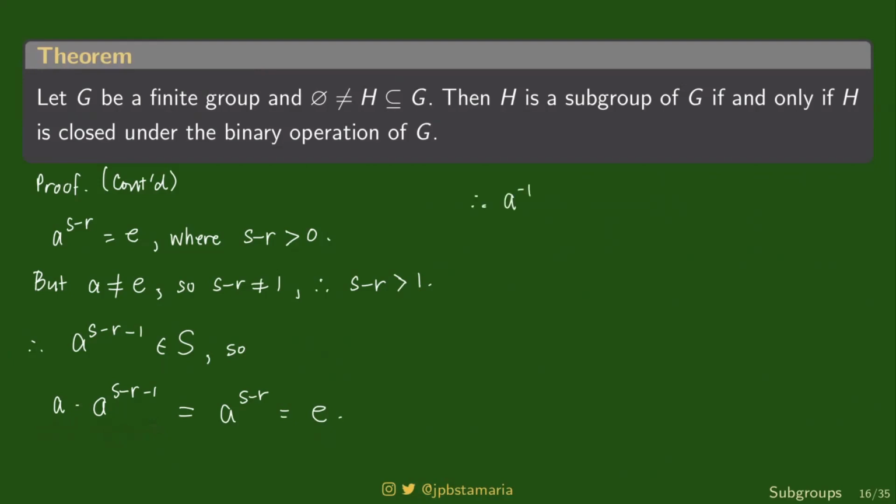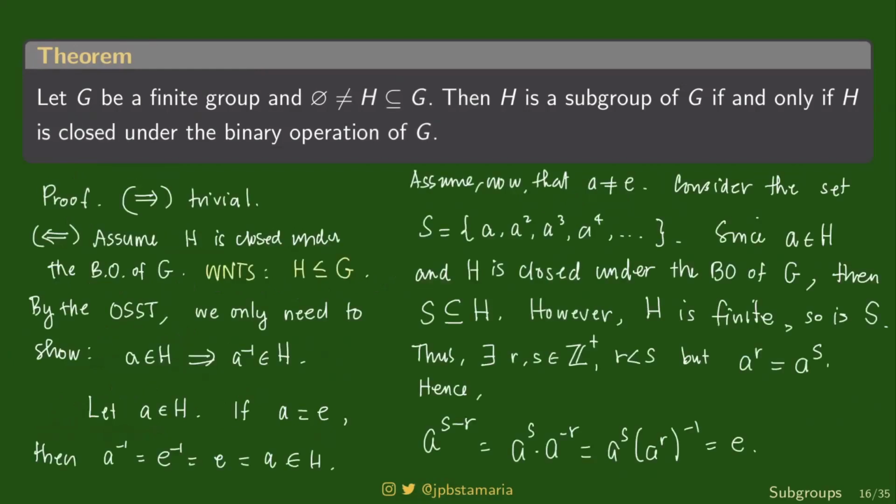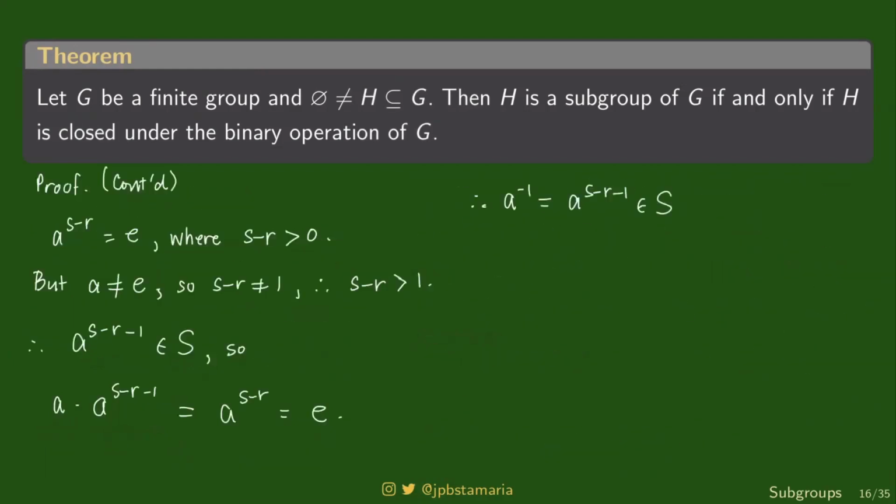So, the inverse of a is a to the s minus r minus 1, which is an element of s, sabi natin dito. But remember, S is a subset of H. Ayun na, tapos na. Therefore, kung si A inverse ay nasa S, therefore si A inverse ay nasa H. Ano na-prove ko?